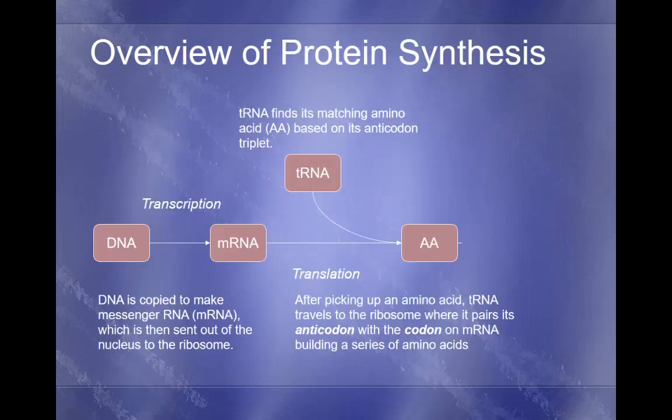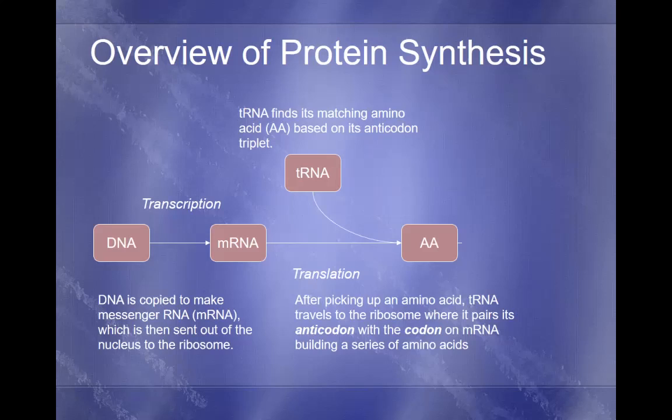Here's our overview of protein synthesis. Notice that we've identified two key RNA molecules that we introduced you to. We have the mRNA or messenger RNA, which is there to take the message from DNA out to the ribosomes. And remember, it's there because we don't want the DNA to leave the nucleus, so that the DNA, the original blueprint, stays protected within an extra layer of security, the nuclear membrane.